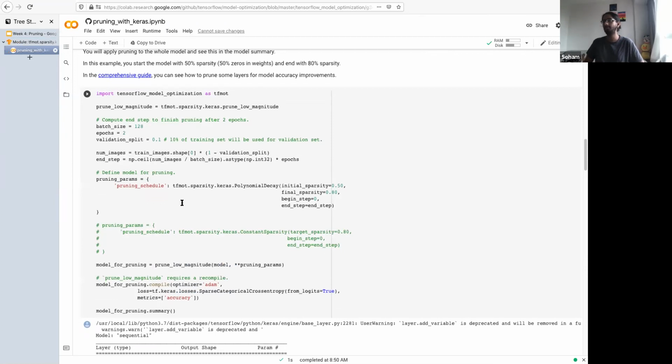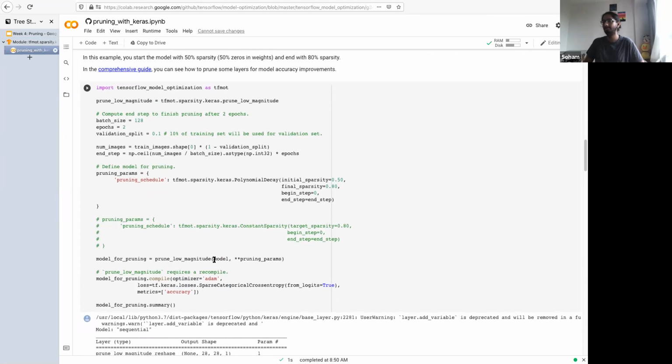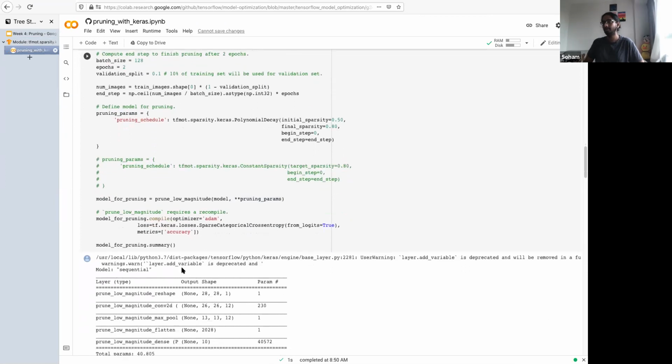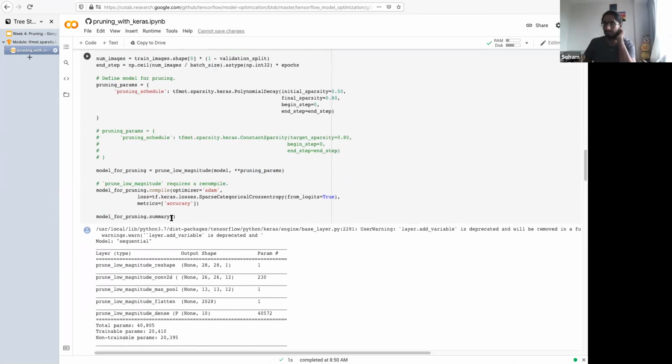So once we have set up our pruning parameters and how we want to prune, we can pass our model as well as parameters, and then we can compile that model. Basically, what TensorFlow model optimization does is it converts all of the layers into its pruning specific layer.